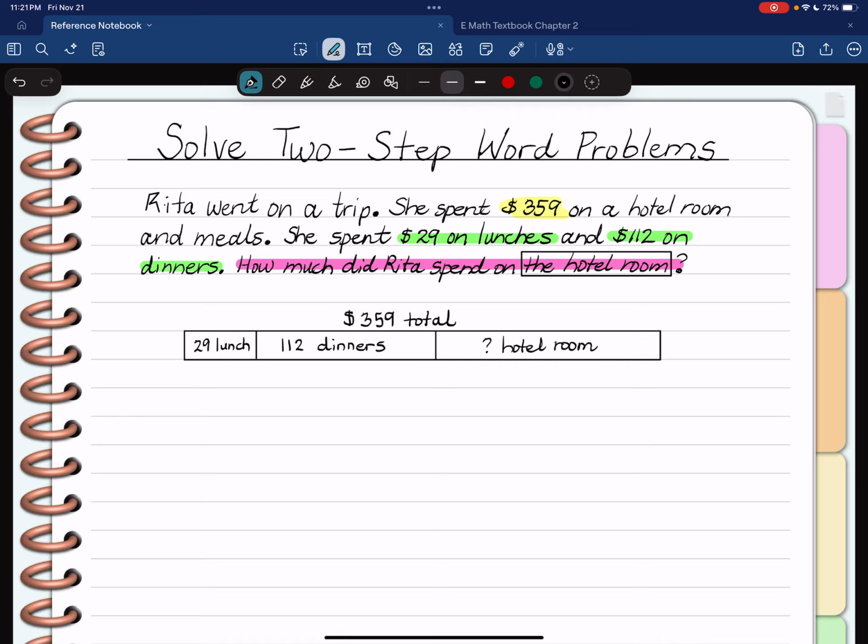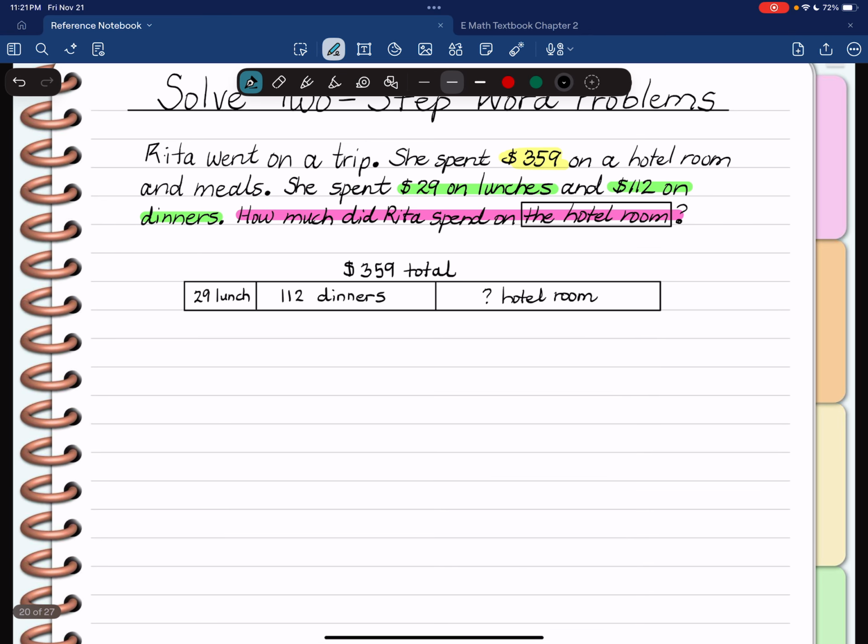So this model just helps me to see what I need to do here. And I'm going to go ahead and show you the advanced way to set this up. Okay? Would you agree with me? Let me think how I want to word this. Let's set it up this way. The $359 covered lunch and dinner.